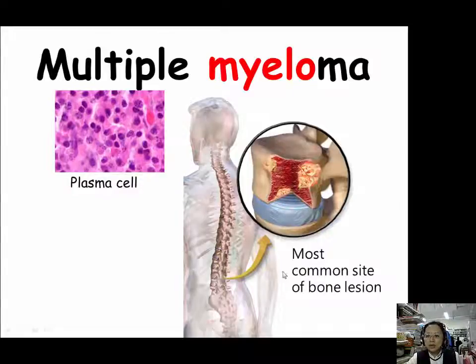Bone lesions, like in this picture, and hypercalcemia, which means high blood calcium levels, are also often encountered. Multiple myeloma is diagnosed with blood tests like serum protein electrophoresis, free kappa lambda light chain assay, and bone marrow examination, urine protein electrophoresis, and X-rays of commonly involved bones.